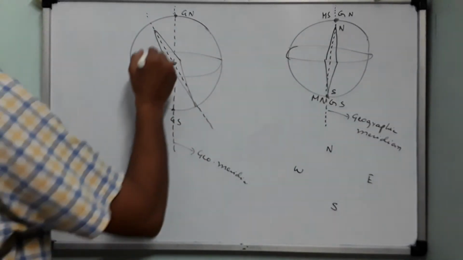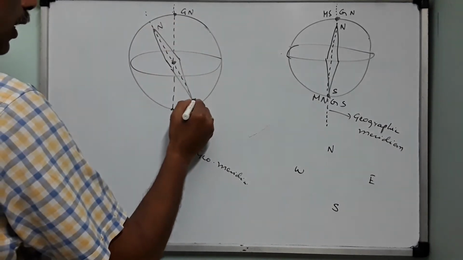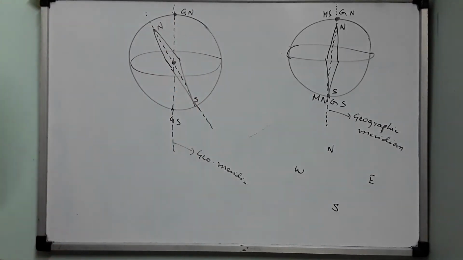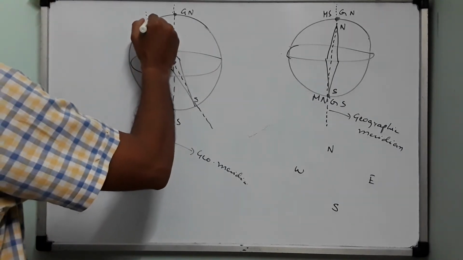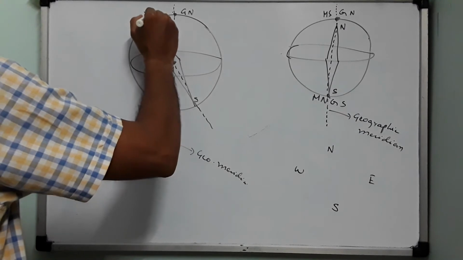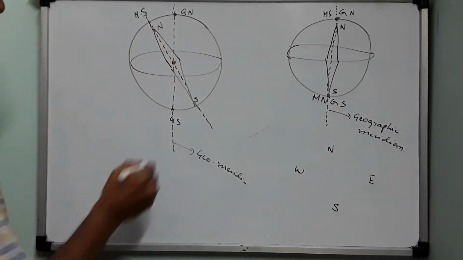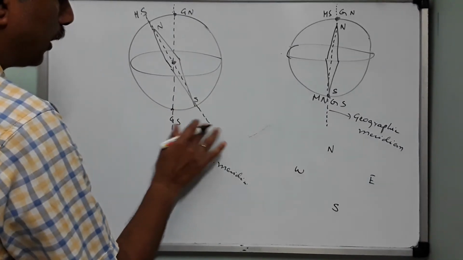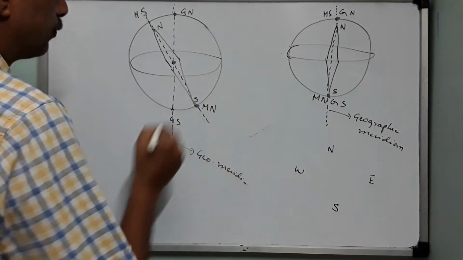So this will be the north pole of your bar magnet, and this is the south pole of your bar magnet or compass needle. The north pole is coming in this direction because Earth has the magnetic south pole here. The south pole is coming in this direction because Earth has the magnetic north pole here.